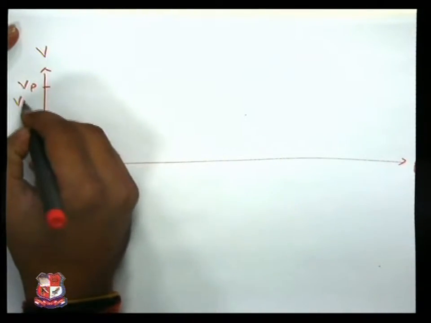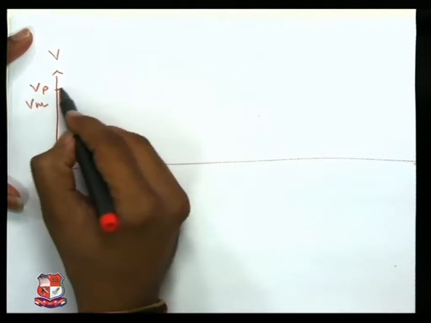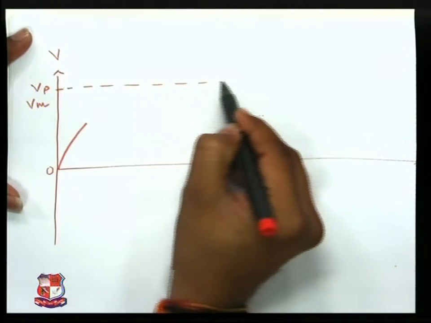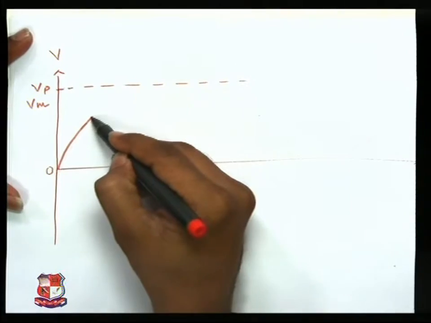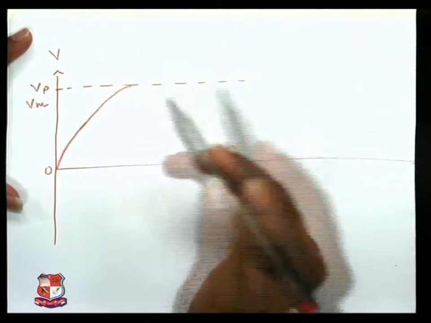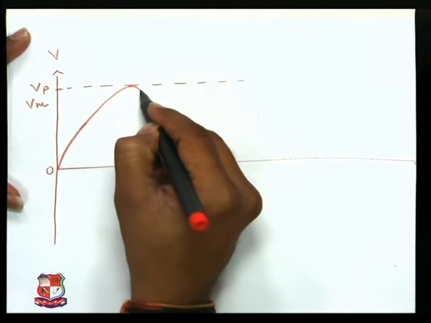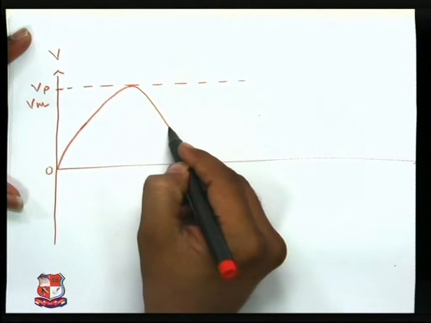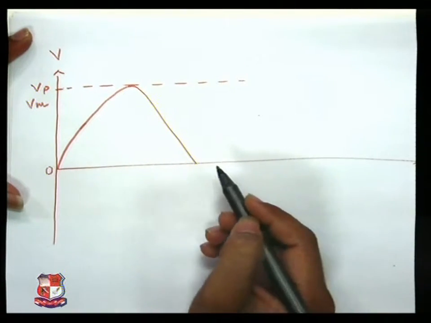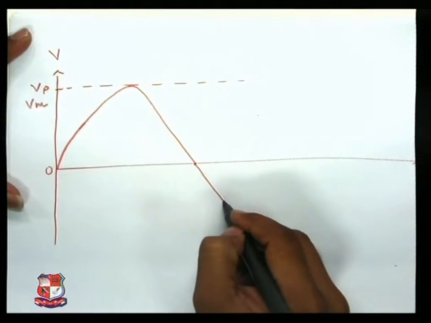Level or maximum level, that is a VP, or you can say that it's a VM. So it increases and reaches its peak level. After that it doesn't go beyond the peak level, so it now starts decreasing, and again it reaches 0. Now again it is increasing, but in the negative direction.